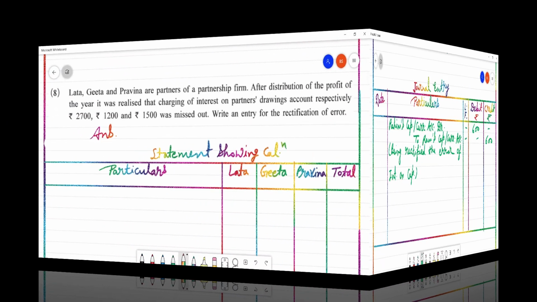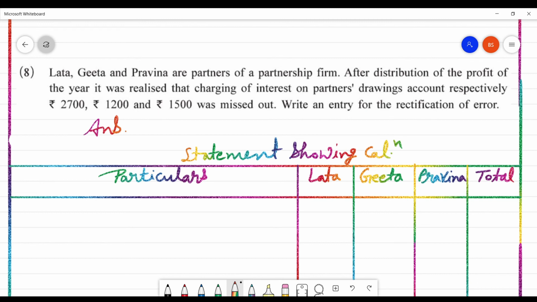Let's start the next sum. Lata, Geeta and Pravina are partners of a partnership firm. After distribution of the profit of the year, it was realized that charging of interest on partners' drawings, respectively rupees 2,700, 1,200 and 1,500, was missed out. Write an entry for the rectification of error. So students, it is fully inverse from the above sum.